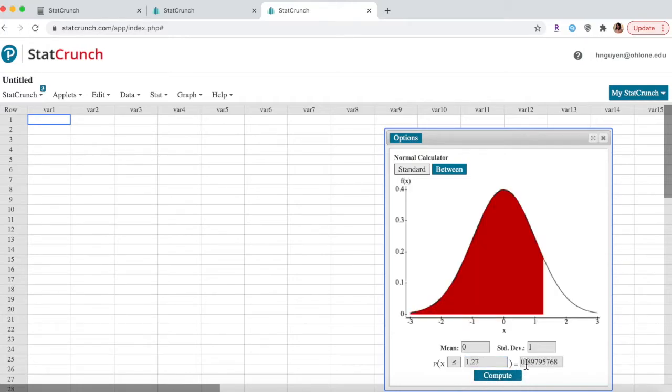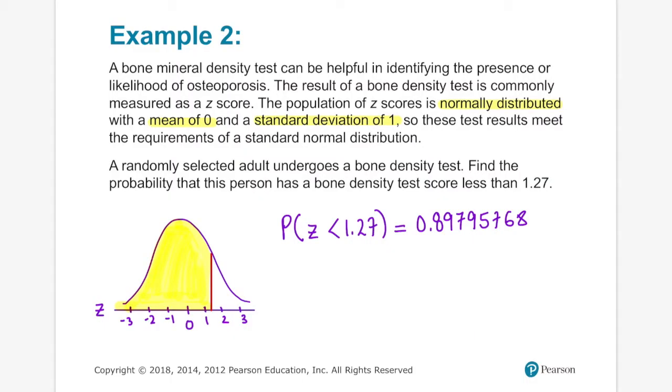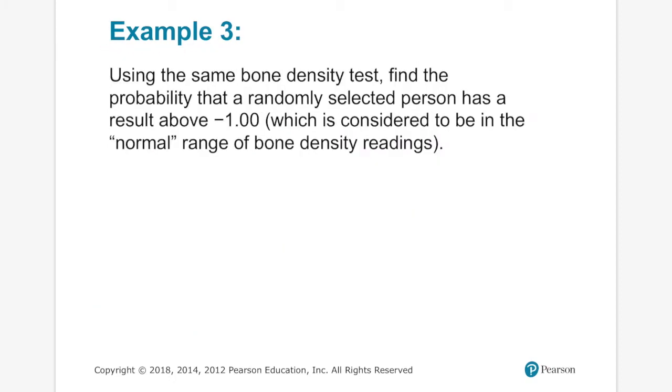Compute. This is my probability right here. My answer is 0.89795768. And since there are no instructions on how they want me to round, I am going to round it to 3 significant figures. And I got 0.898.